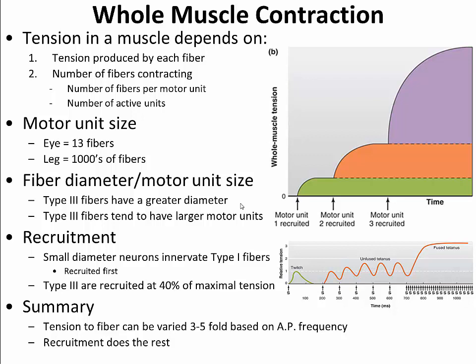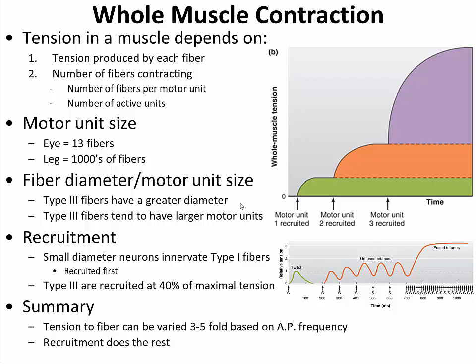Now, as we mentioned previously, we have to remember that a single muscle consists of motor units that are comprised of all three fiber types. If we look at a single muscle, we find type 1, type 2, and type 3 fibers within that muscle. Now, of course, each motor unit only consists of type 1 or type 2 or type 3, but in a muscle, we do find all three of those fiber types.